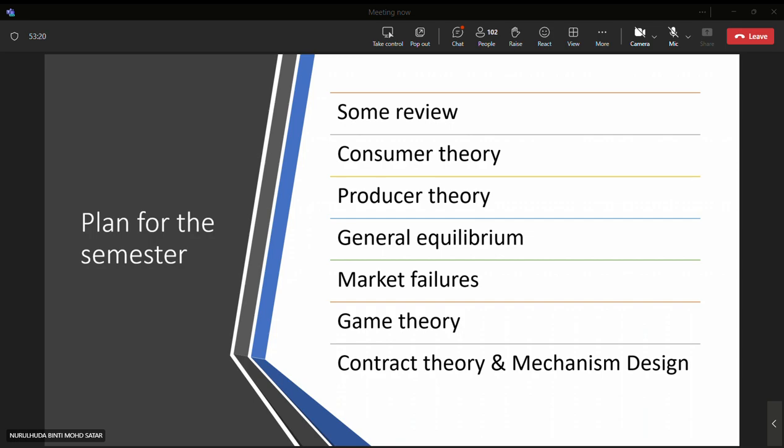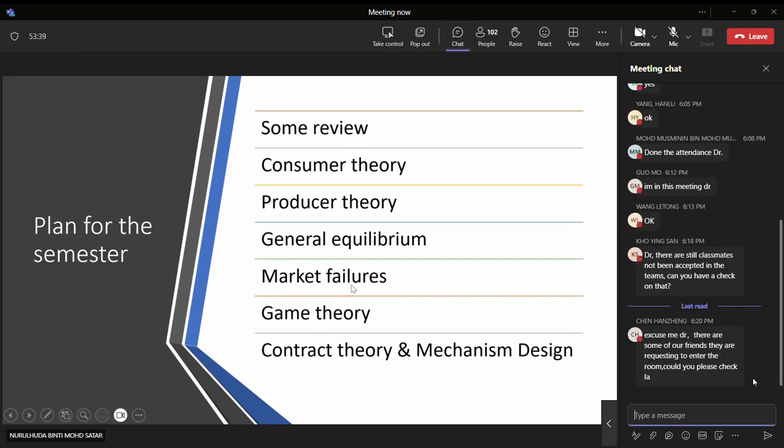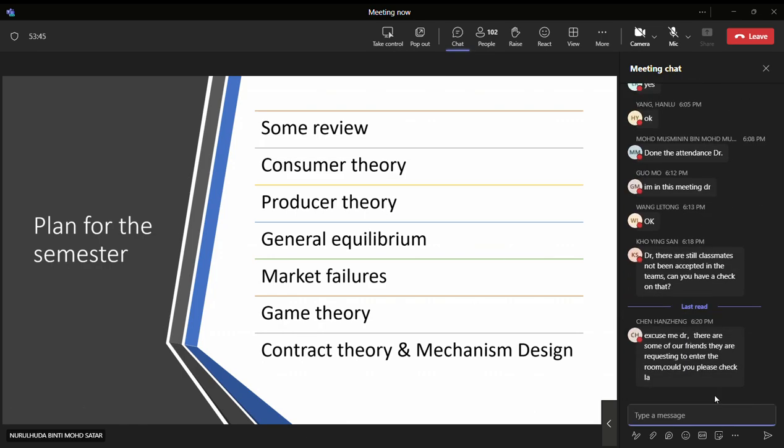So we put general equilibrium first so that it flows well with the consumer and producer theory, and also with the assumption of a perfectly competitive market and so on. So before we look at imperfect competition, that is considered as market failures, we do an analysis on relations between markets in the setting of perfect competition first, right?